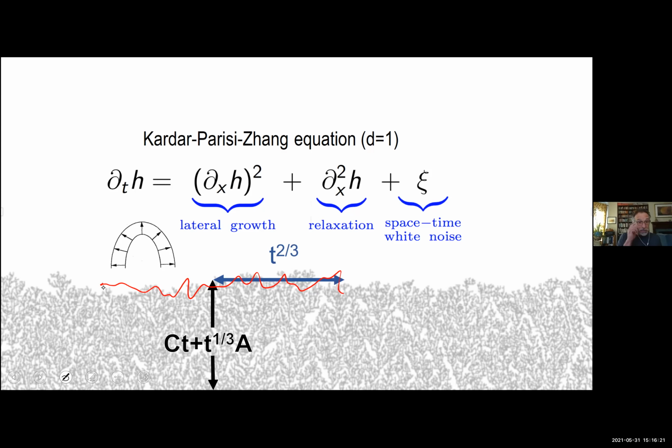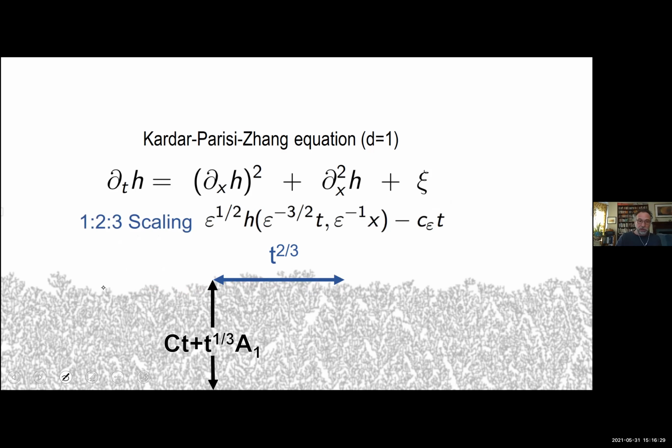To see these stochastic processes, we should just do a rescaling. Instead of calling it t, we should have a variable epsilon, which is our ratio of micro to macro. So we're looking for small epsilon, which means to zoom way out.